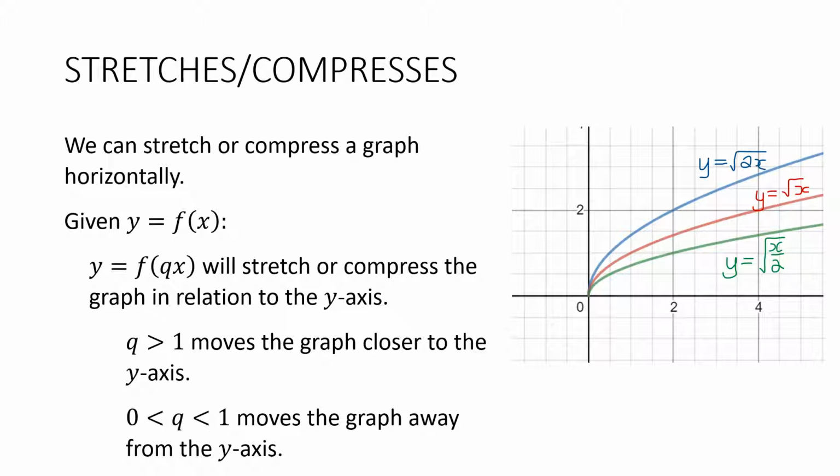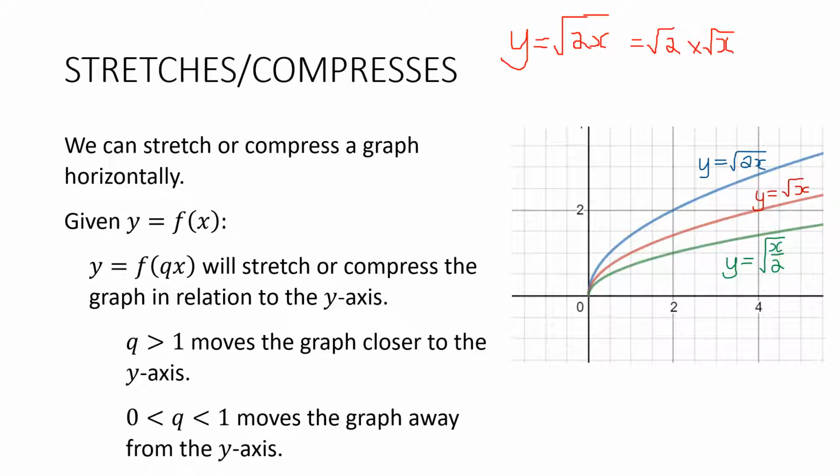Just remember that if I put a number that's greater than 1, it's going to make the graph steeper. And if I put a number that is in between 0 and 1, it's going to make the graph flatter. If you want to have a look at why that happens, let's take that top one, y equals the square root of 2x, and split it into the square root of 2 times the square root of x.